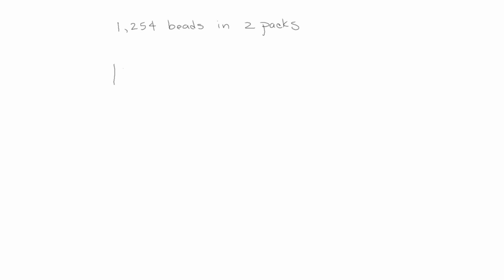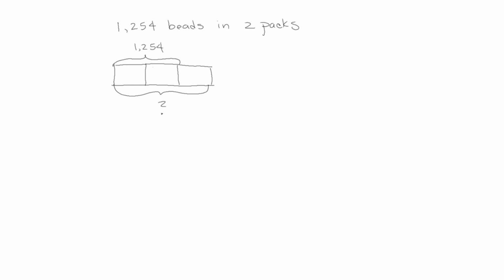So let's draw a tape diagram. We want 3 packs of beads. We know in 2 packs is 1,254. And we want to know how many are in 3 altogether.